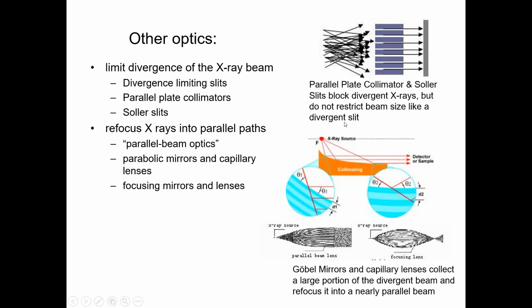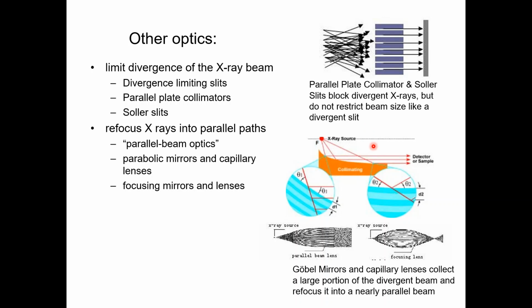And we can refocus X-rays into a parallel beam. That is, we can utilize parallel beam optics. This is one option to overcome the divergent X-rays. The second option is to refocus X-rays into a parallel path.